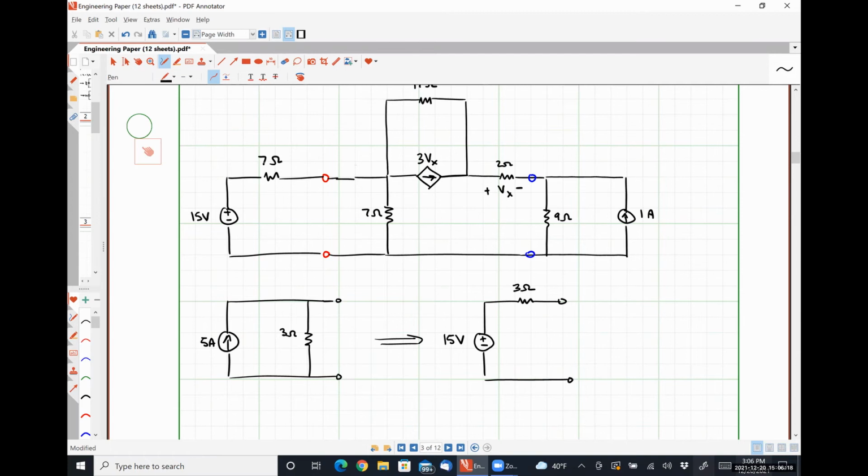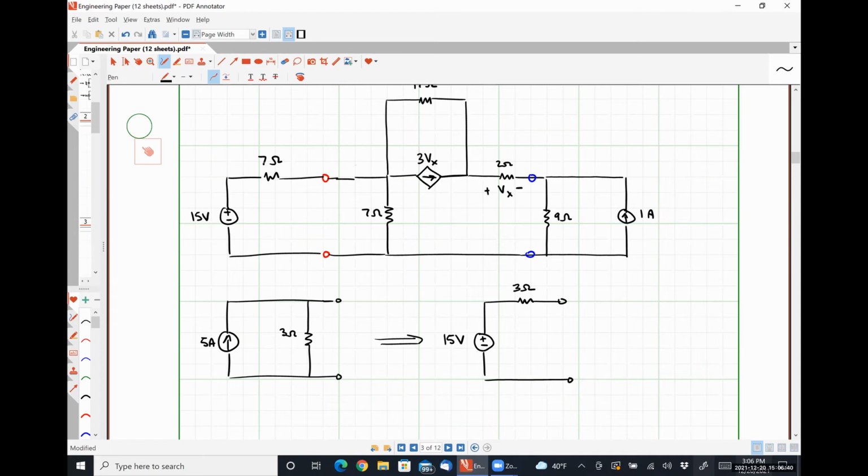So if we did that source transformation, we would be adding a mesh back in, but then we could combine those resistors. We would be adding a mesh to eliminate a node, but then combine the resistors to eliminate the mesh we created. But let's not worry about that right yet.